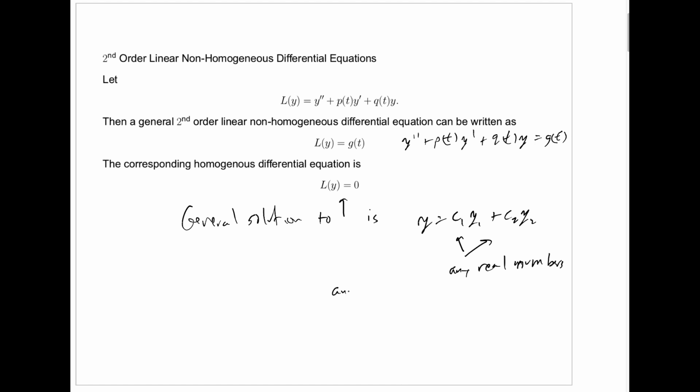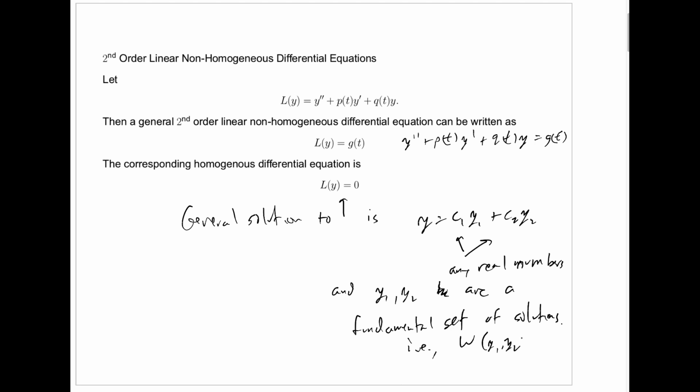And of course, we need y1 and y2 to be a fundamental set of solutions to the homogeneous equation. In other words, the Wronskian must not be 0.